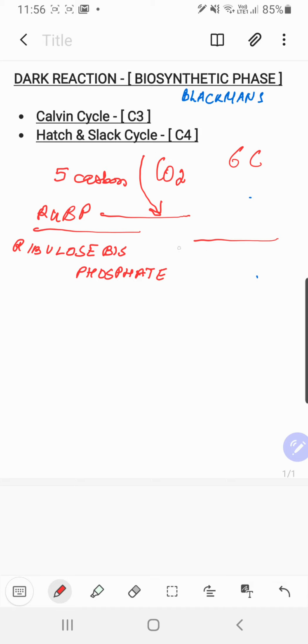This fixation of CO2 is basically known as carboxylation. It is an enzyme mediated process, but ultimately the product which is formed is PGA. This word was heard by you in class 10 too. So this PGA is phosphoglyceric acid.